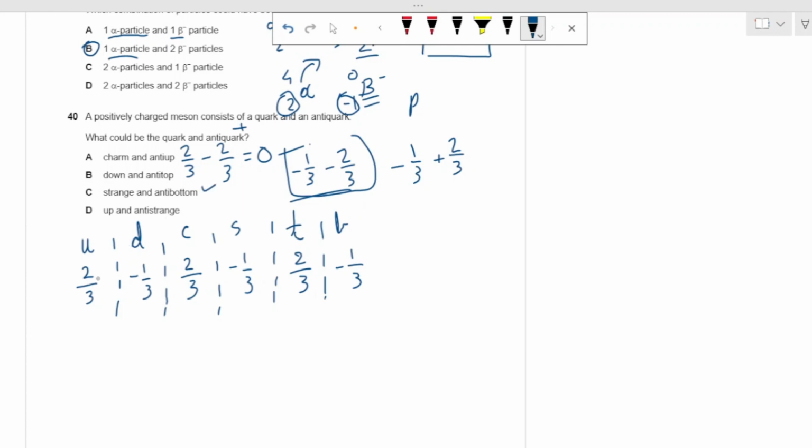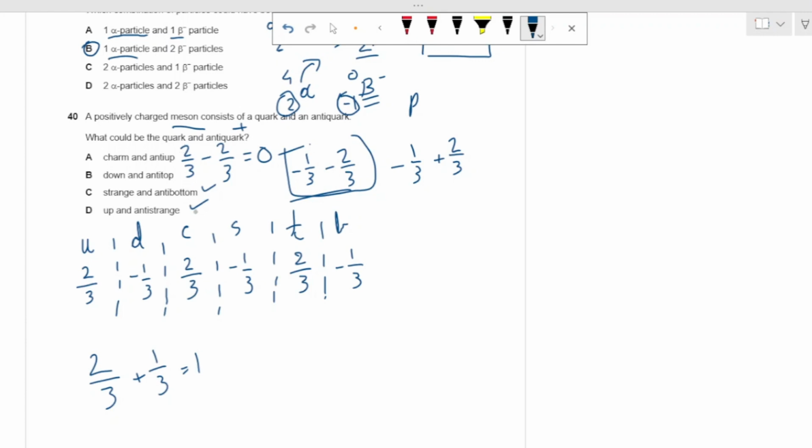Let's look at the up and the anti-strange. So up is 2 by 3 and the anti-strange is plus 1 by 3. So we get 2 over 3 plus 1 over 3 and we get the positive charge of 1. In this case, you have two positively charged mesons.